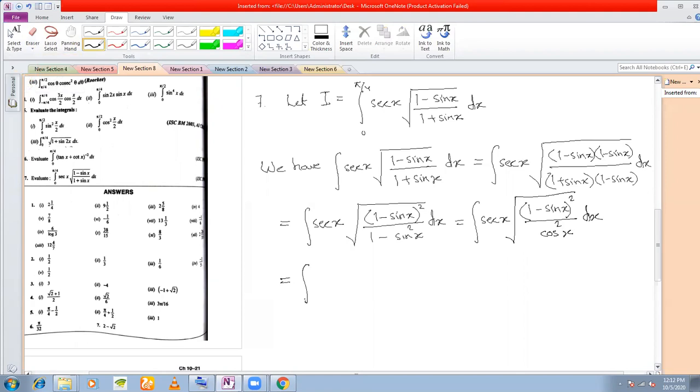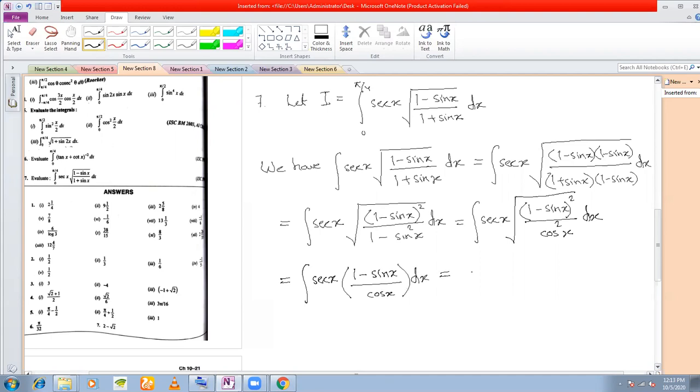So this is integration of sec x, and you have square in the numerator and in the denominator. So therefore you can remove the radical now. So what do you get? 1 minus sin x by cos x simply dx.